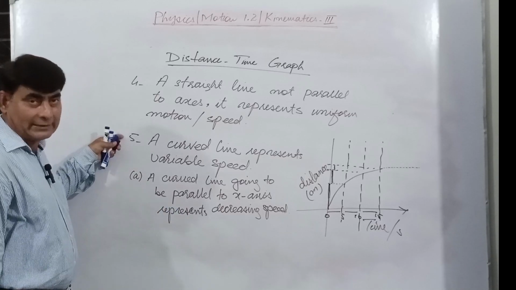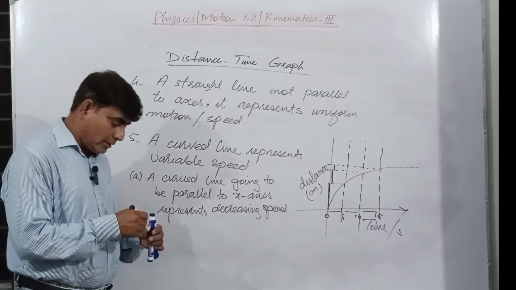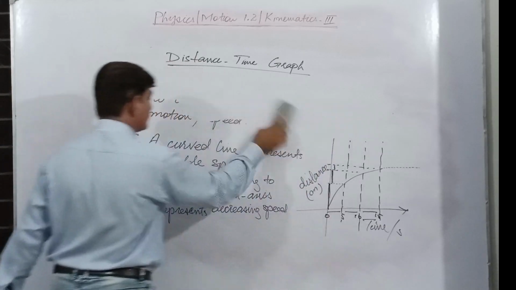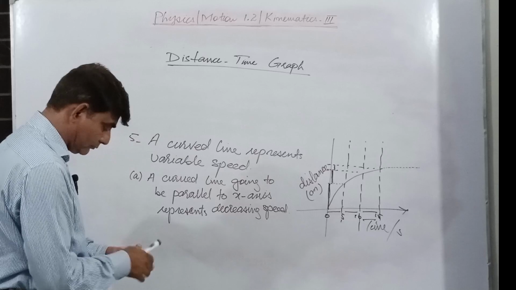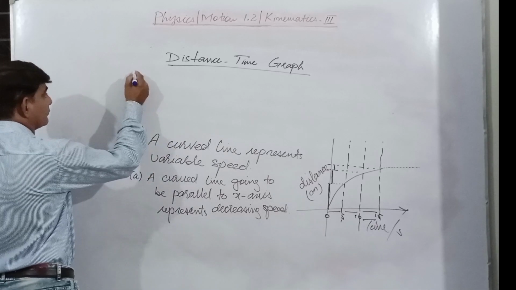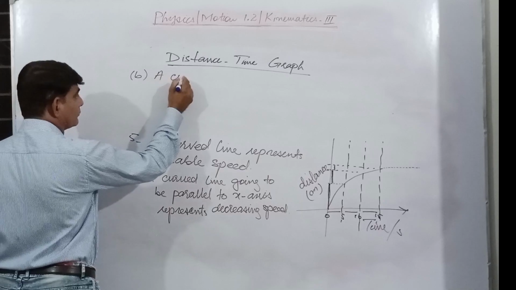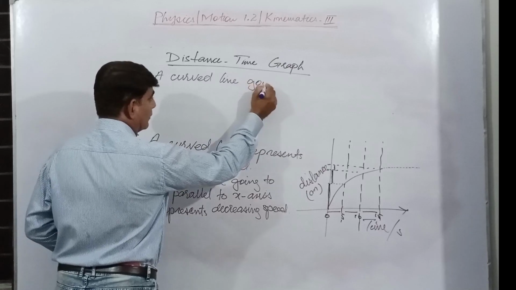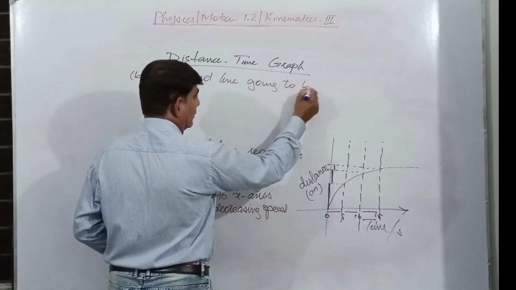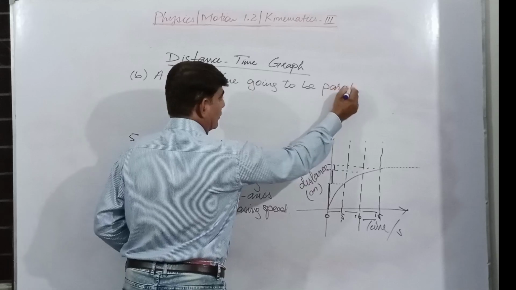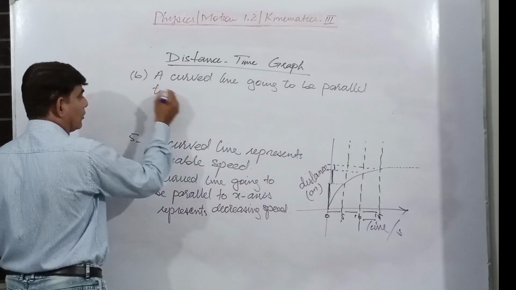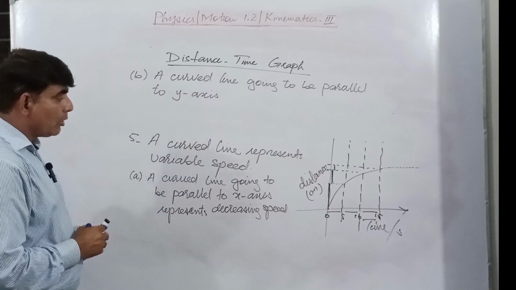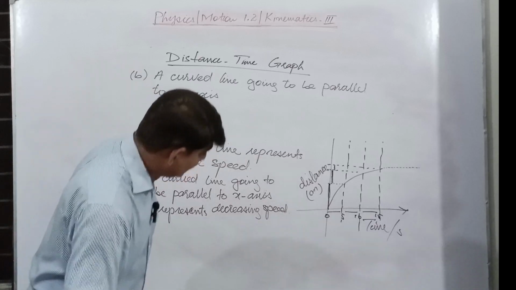Second part of point number 5: a curved line going to be parallel to y-axis.